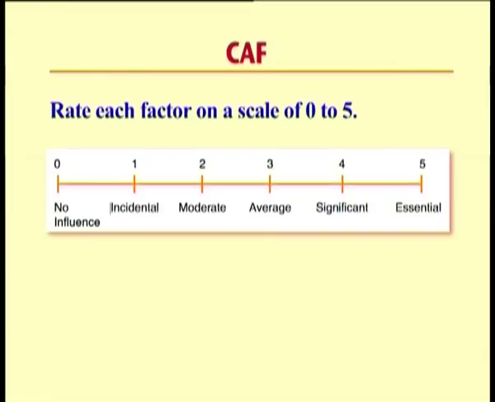Just as with the weighting factor we had low, average and high, here for the complexity adjustment factor we have to rate it from 0 to 5. So 0 means no influence, 1 means incidental, 2 means moderate, 3 means average, 4 means significant and 5 means essential.